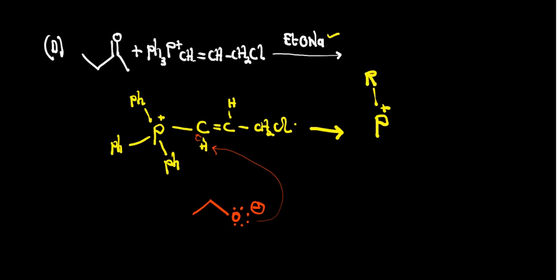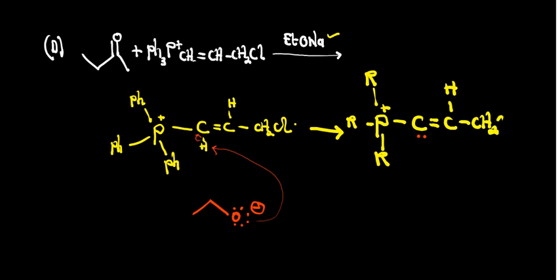The aryl groups there, and then it is connected to a carbon, and this carbon here, remember, the lone pairs of electrons are 2, the ones that came from the hydrogen, because the hydrogen has been taken by this compound right there, which is now connected or double bonded to the other carbon, and then this carbon is straight up there, and then it is connected to a CH2Cl. That's what we're having right there.